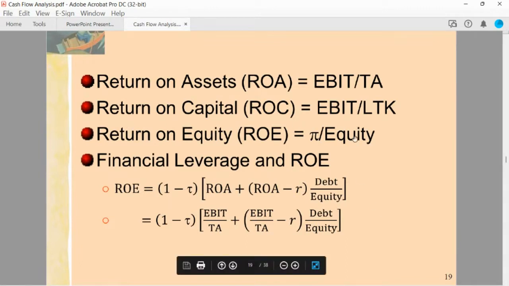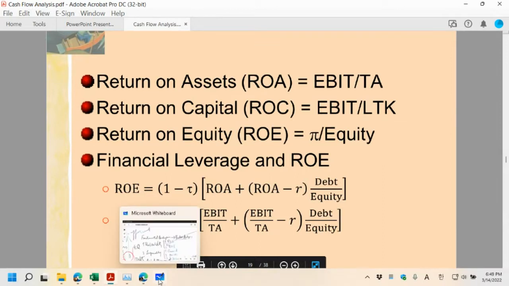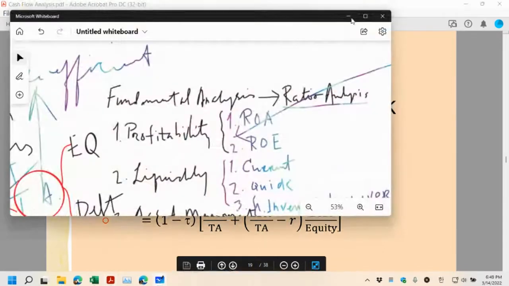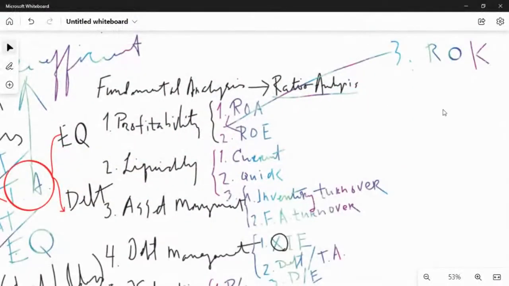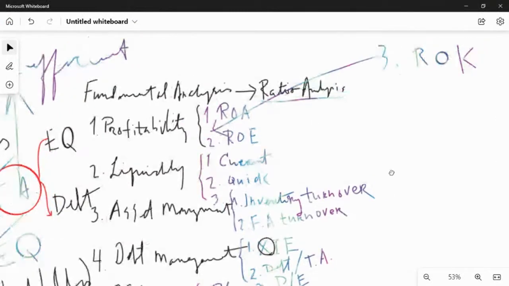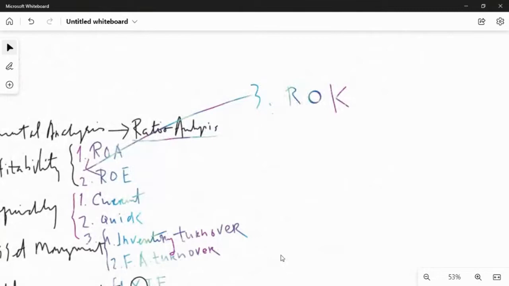Return on capital, and capital means long-term capital, right? When we say capital, and I made this clear before, it comes from capital structure.